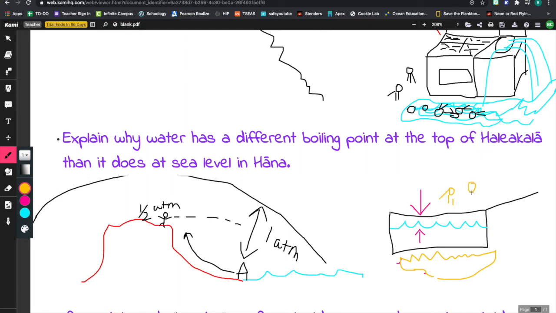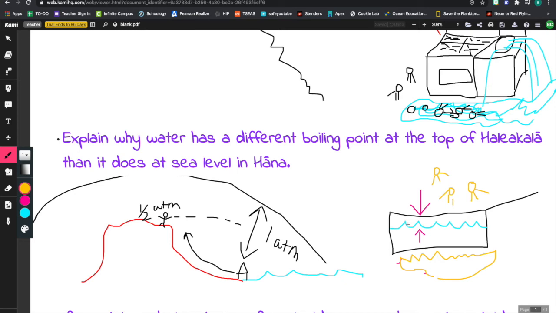All right? So essentially, the whole pressure related to boiling point, I don't really care that you know right now, but I just wanted to give you a little bit more context because when you are up at the top of Haleakala and you got all 3 cabins and you're hiking in the crater for a nice long weekend, which sounds so fun. Oh my gosh, I wish I could do that right now. And you're cooking Simon up there, you're trying to boil some water for coffee or tea or whatever it is that you managed to bring in 20 miles with you.